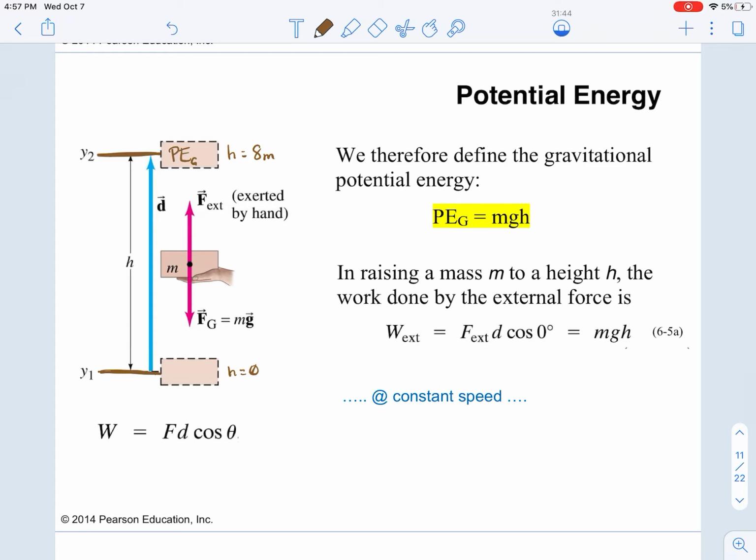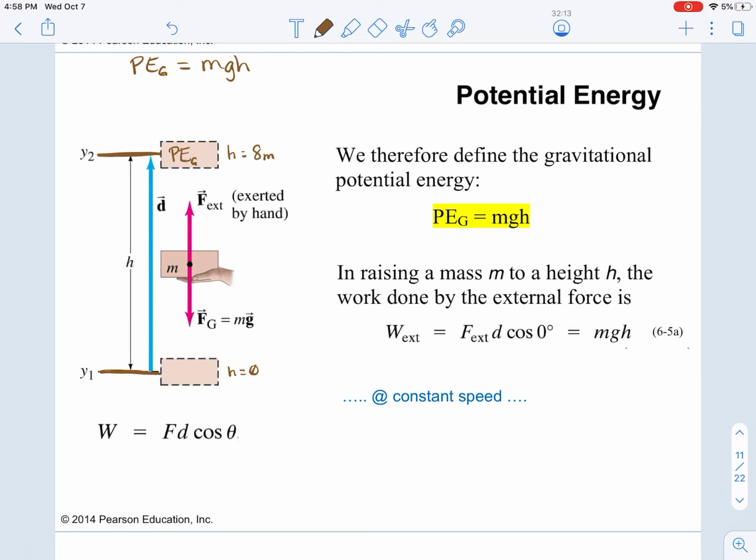How would I go about calculating that potential energy? Well, gravitational potential energy specifically is mass times gravity times height. So I would simply input the mass of the object times the acceleration due to gravity, so we are inputting a 9.8 here, times that height, that vertical displacement above our starting point, our reference point, or our ground level, okay?